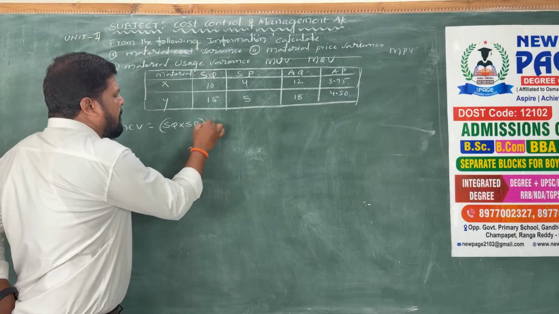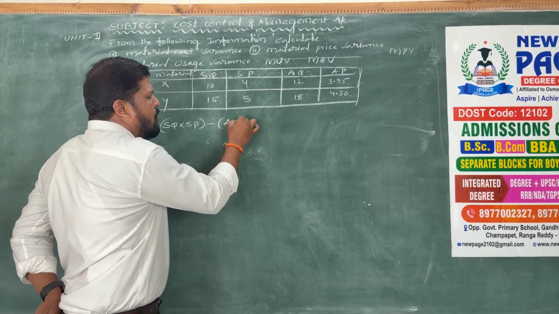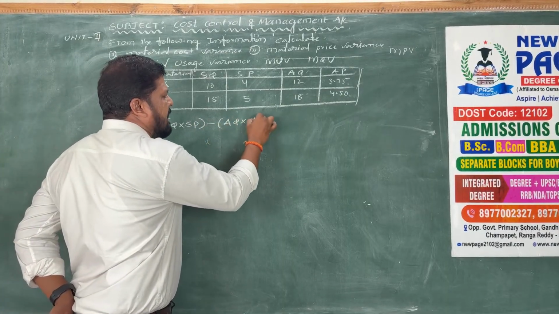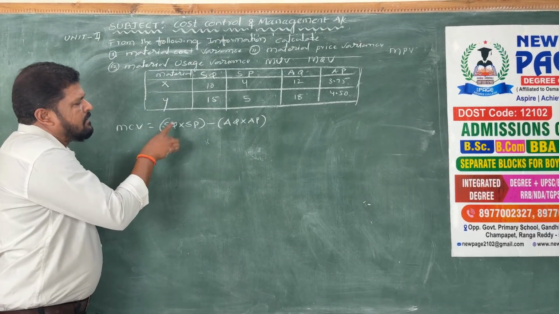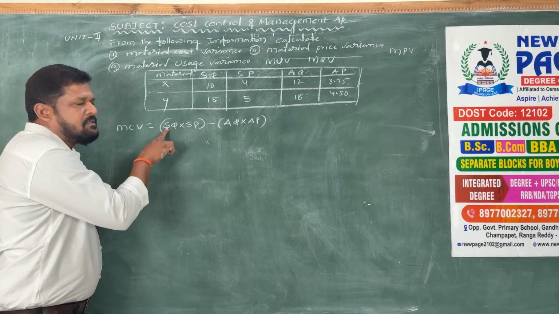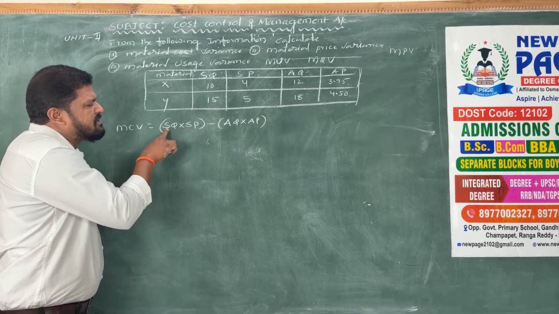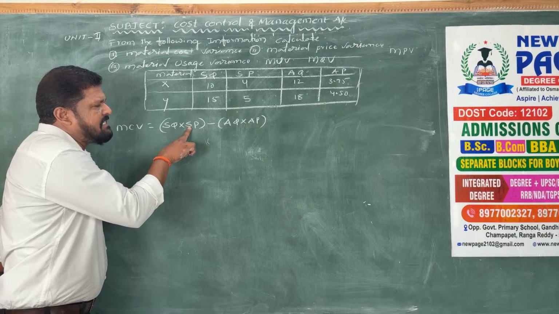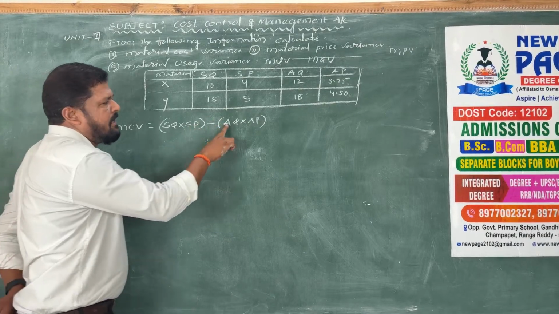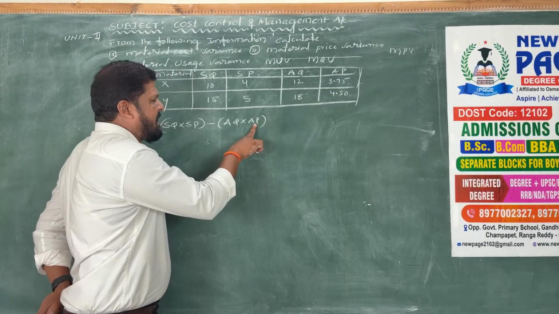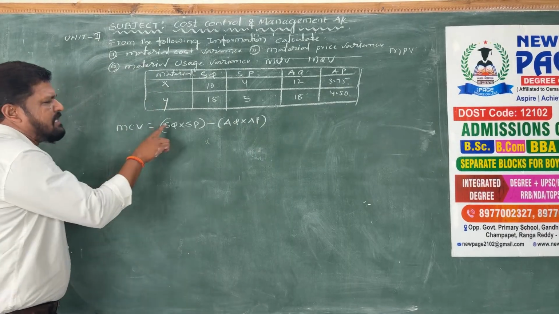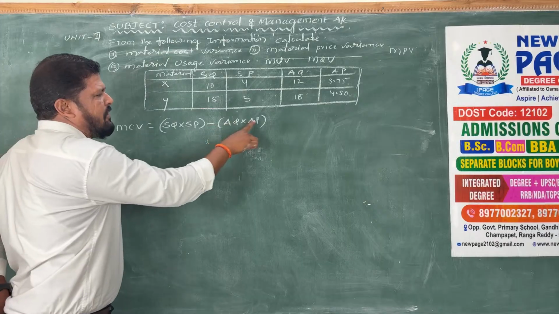SQ into SP minus AQ into AP. SQ stands for standard quantity, SP is standard price, AQ is actual quantity, AP is actual price. So MCV is equal to SQ into SP minus AQ into AP.